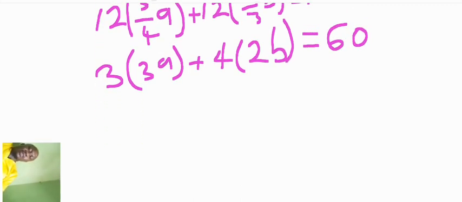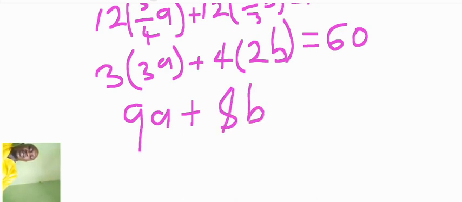Now let's proceed. 3 times 3A is 9A plus 4 times 2B is 8B, and this is equal to 60. So this is my equation 1.